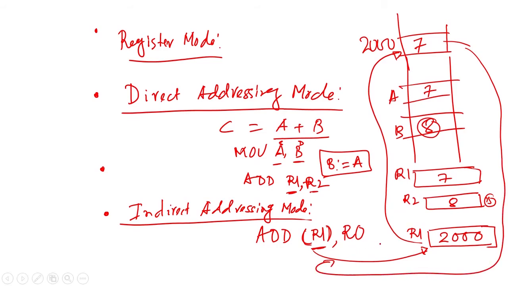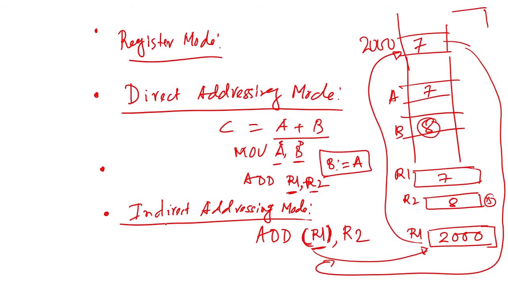Let us say R0 has the value 8, and then it will be stored into R2. Say I write add R1 within brackets, and then R2. Here also R2 will contain the value 15.